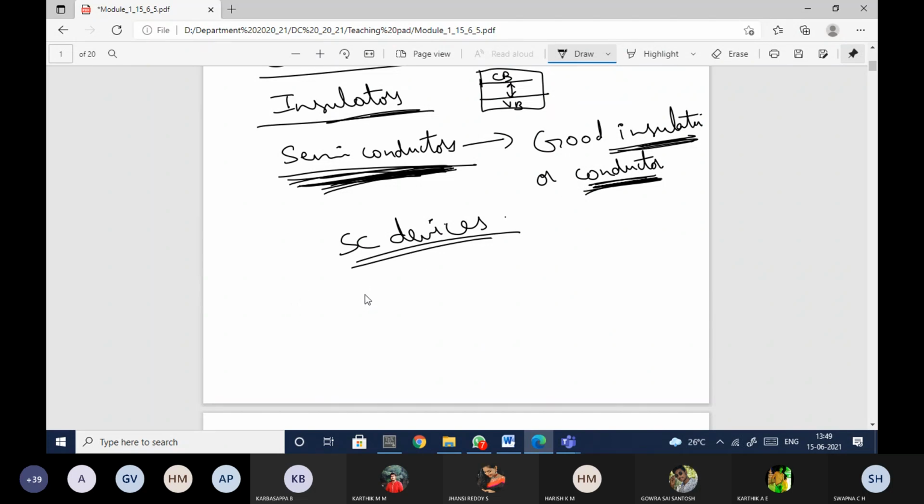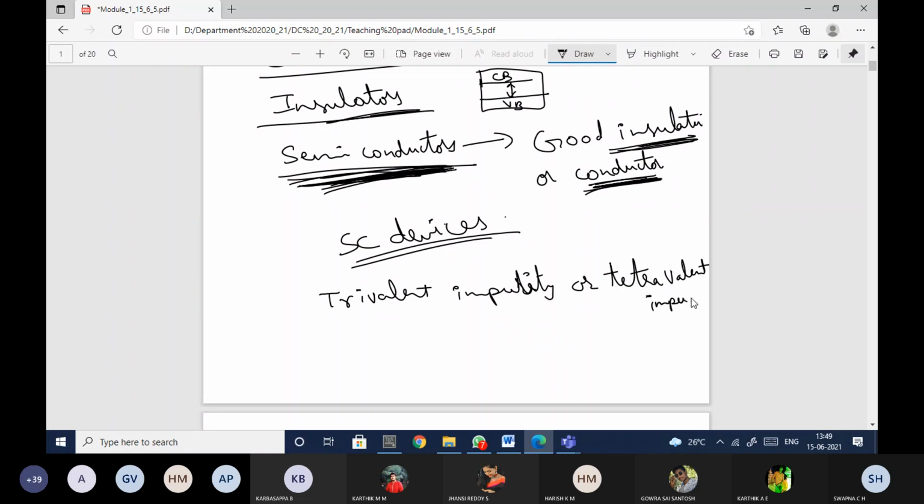Here you can add two types of impurities: one is the trivalent impurity, or the tetravalent impurity.